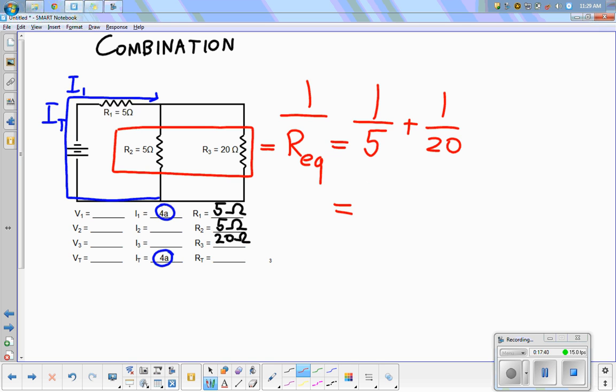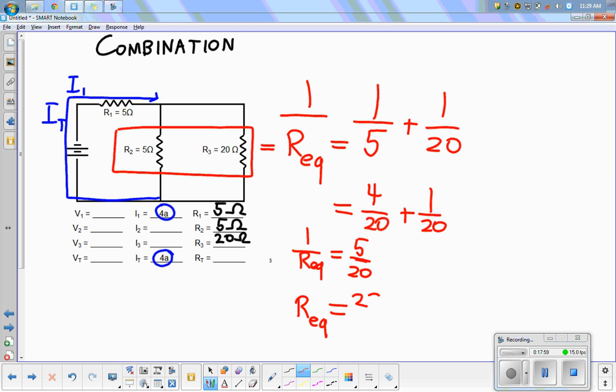So our 1 over R EQ is going to be 5/20, or our R EQ is 20 divided by 5 ohms, that's 4 ohms right there. So now we know we've got a 4 ohm resistor for this equivalent resistance. Let's put this info to the side.